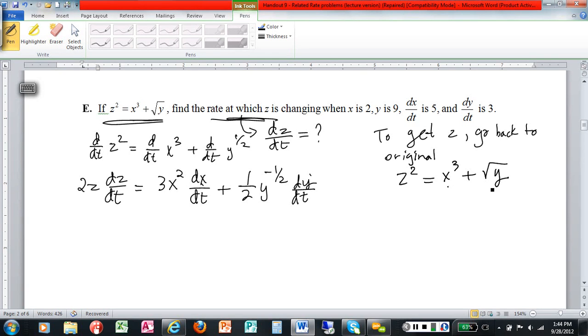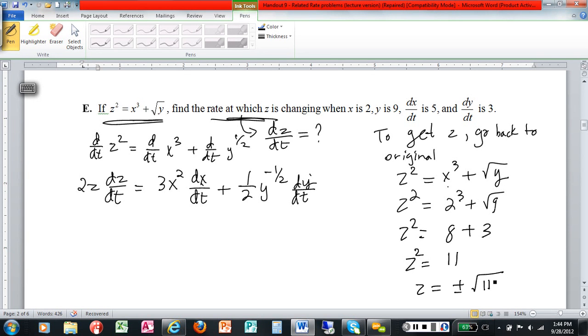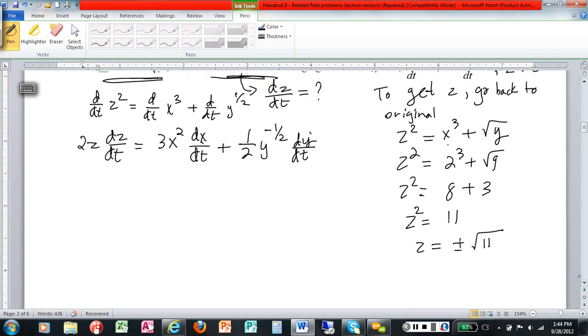So now I know if x is 2, y is 9, so it'd be square root of 9. So z squared equals 8 plus 3. So what's z? z squared equals 11, so z is plus or minus the square root of 11. And to make it a little easier on us, let me add one more thing here. z greater than 0. So that'll just get rid of the negative.